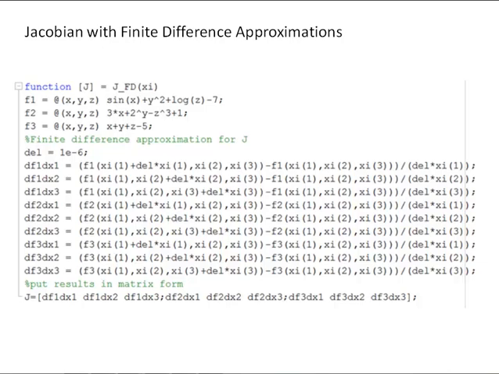So first, it looks like a lot of typing, but you might realize pretty quickly that you can do a lot of this with cut and paste. So here I've just defined anonymous functions, and I did them in terms of x, y, and z, just because it made it easier to think through the partial derivatives. But I've defined one for each of the equations.